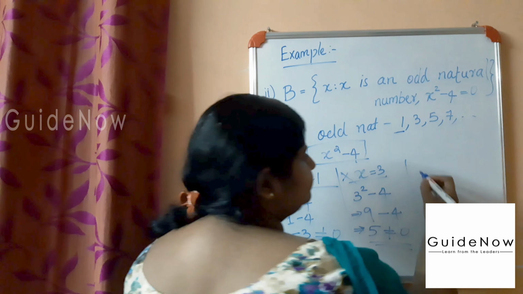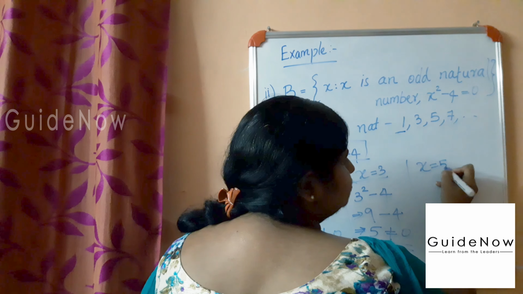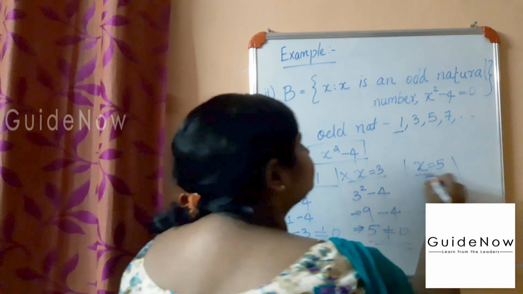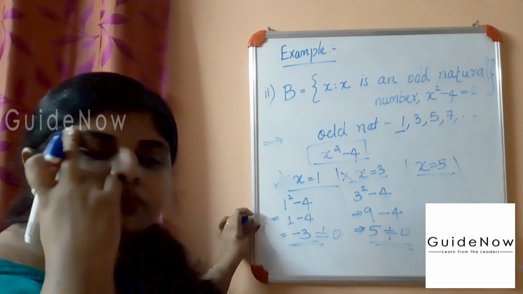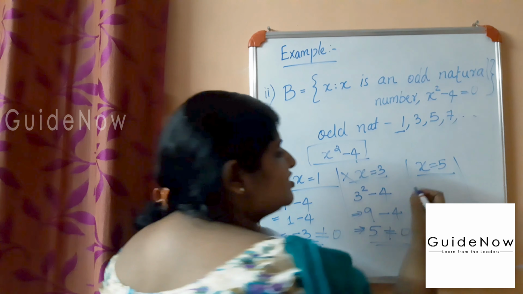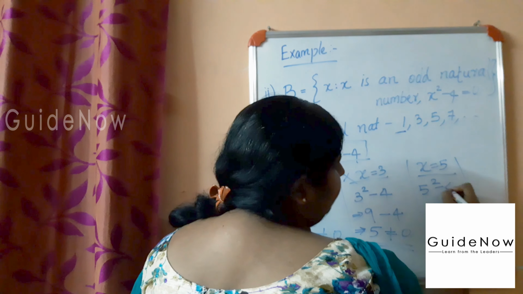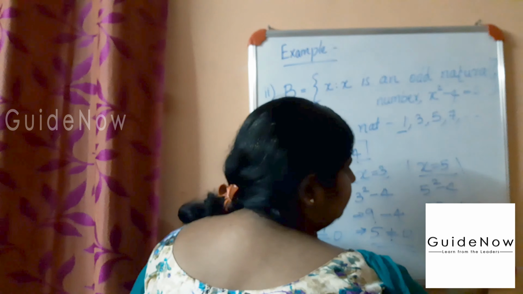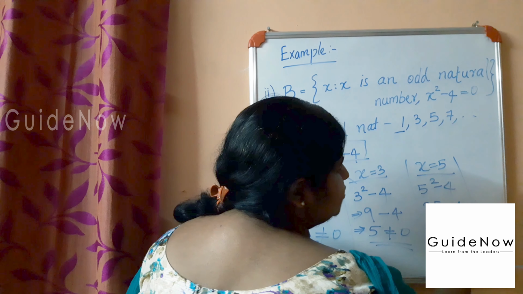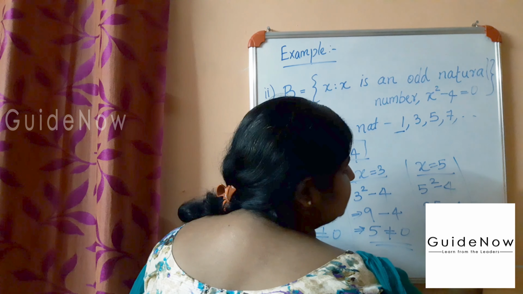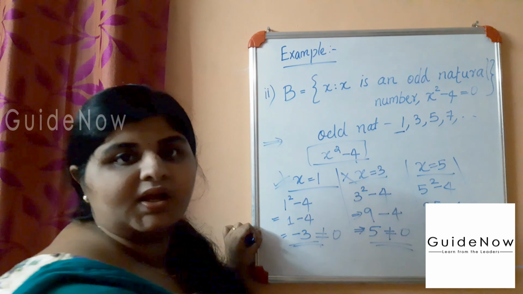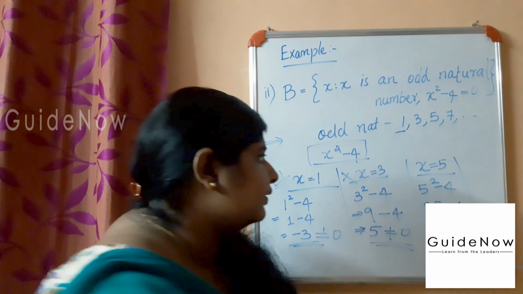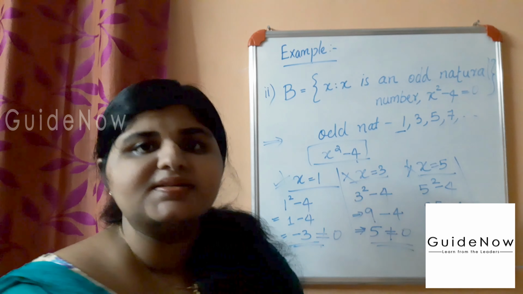Next, x equal to 5. 5 square minus 4: 5 square is 25, and 25 minus 4 is 21. This is not equal to 0, so x equal to 5 does not satisfy this condition.